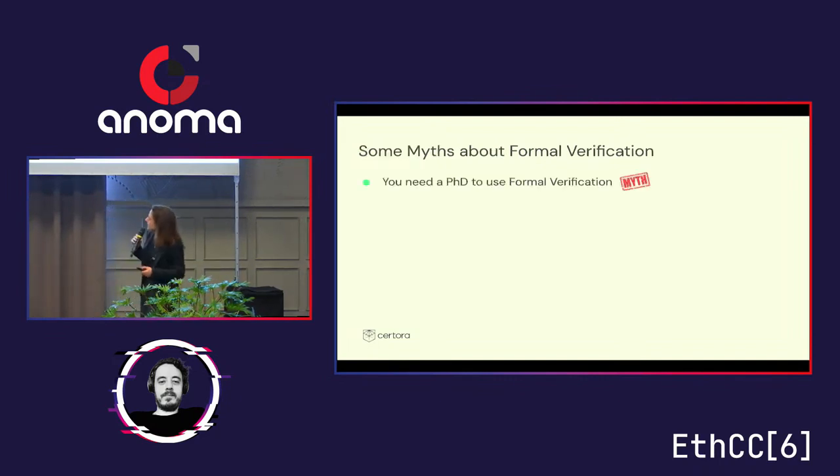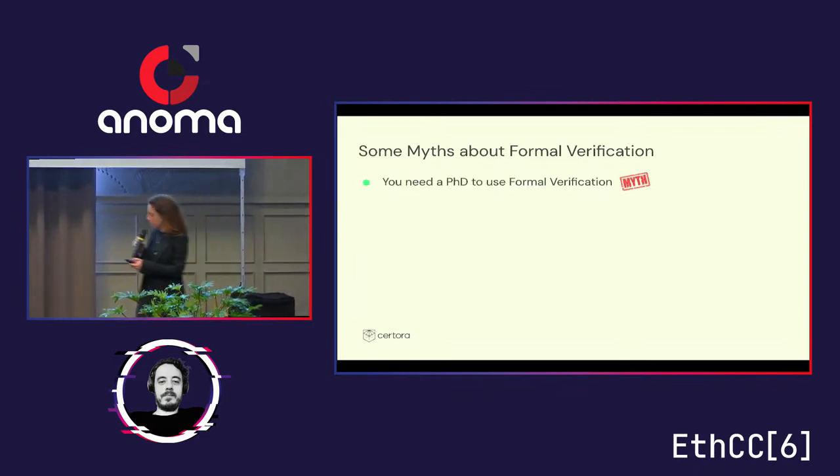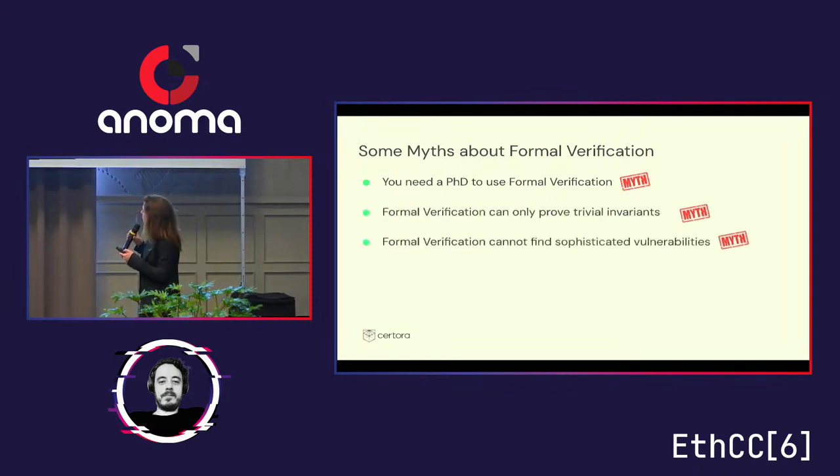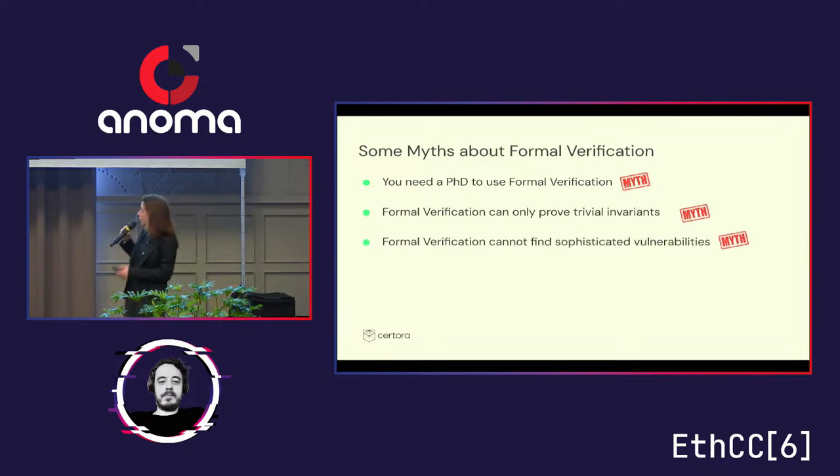And maybe this is because you think that you need a PhD in order to use formal verification. Or maybe because you think that formal verification is nice, but it can only prove trivial properties. And another option is that maybe you think that formal verification is good for some property checking, but you do not think that it can prove or find sophisticated vulnerabilities in your code.